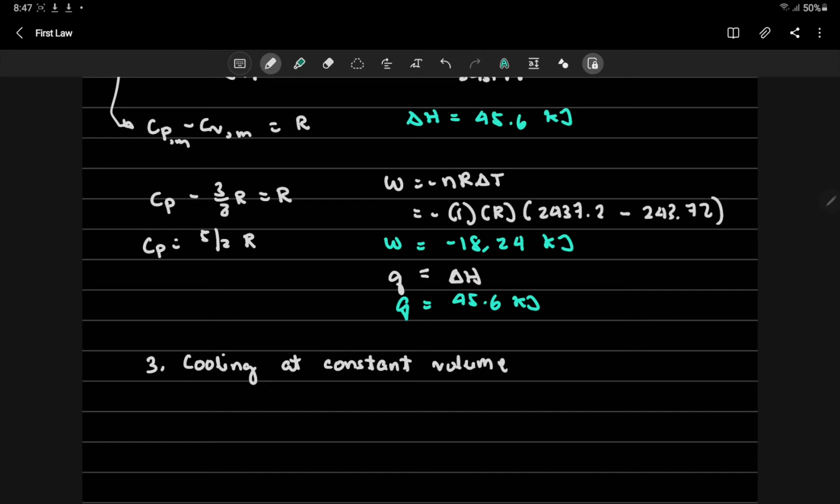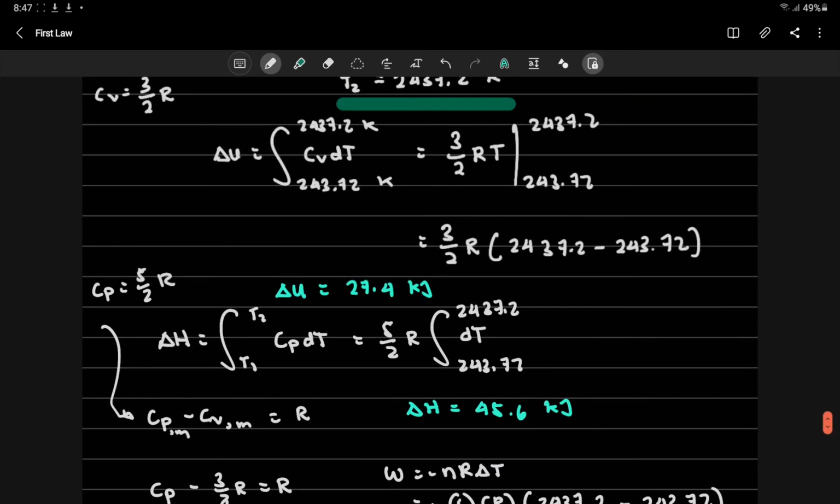Okay? To bring the gas to the original pressure and temperature. Okay, so let's go back to the graph and show what happened in step 3.